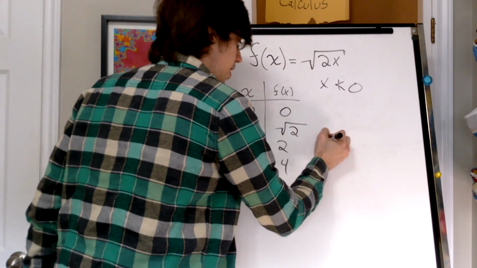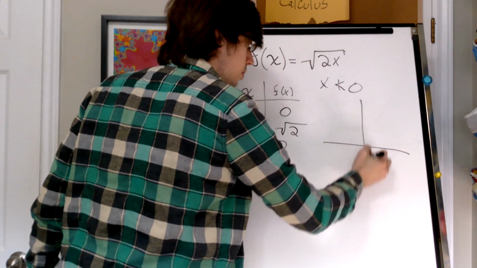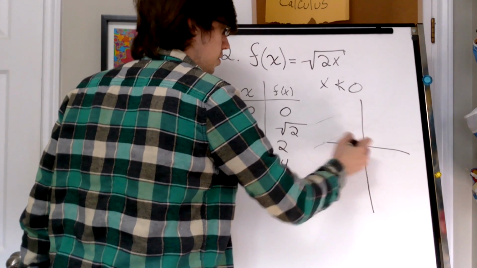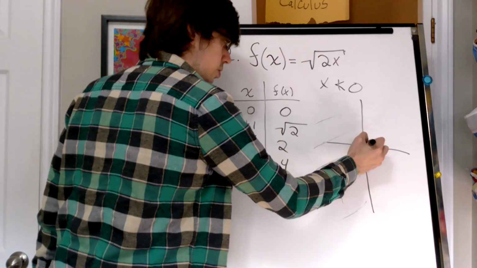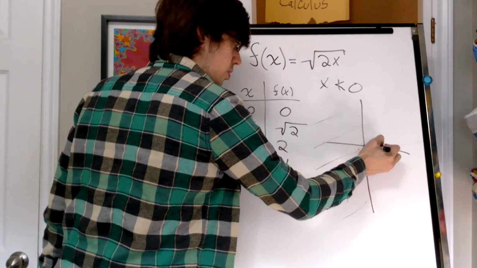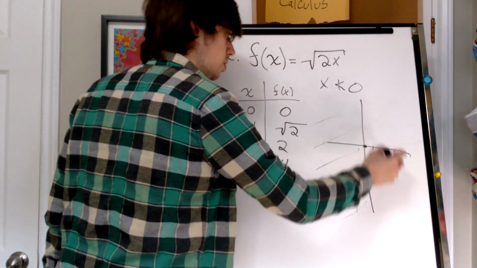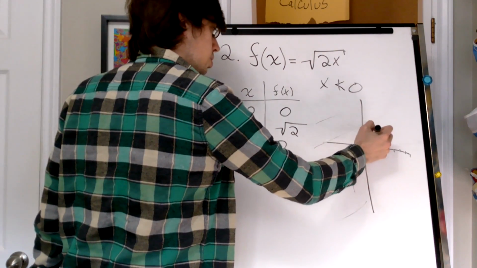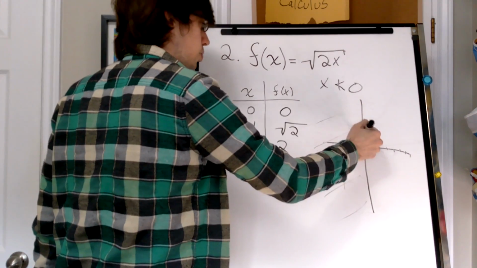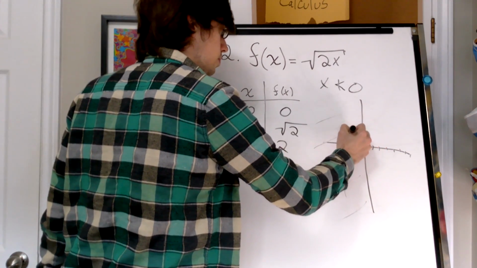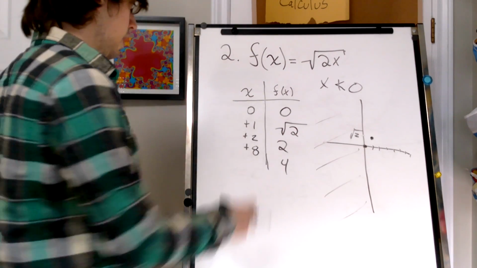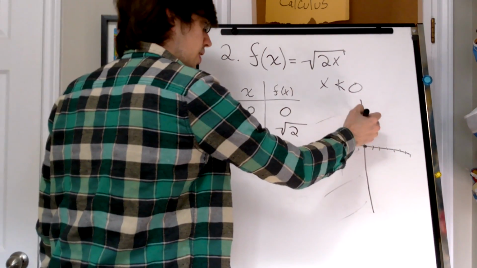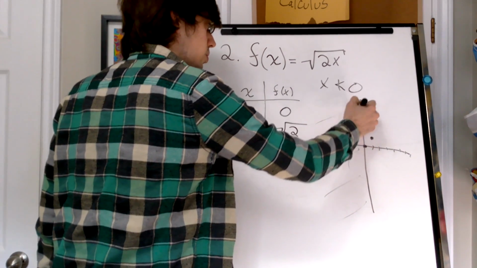So if we were to graph this, we're getting nothing on this side. It starts at 0. 1, 2. At 1, we get the square root of 2. At 2, we get 2.